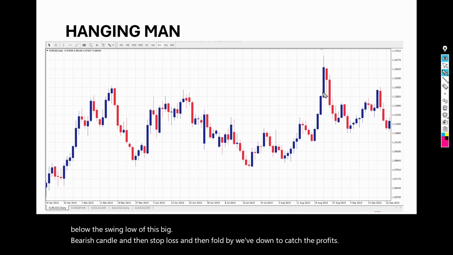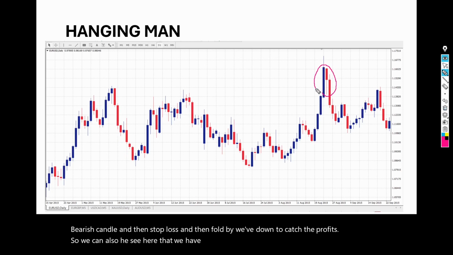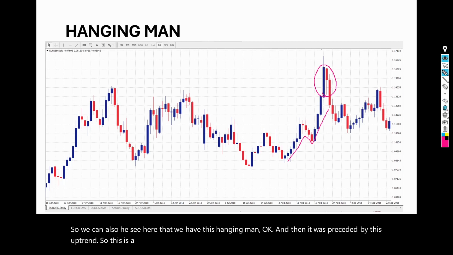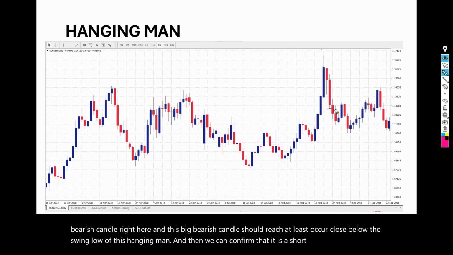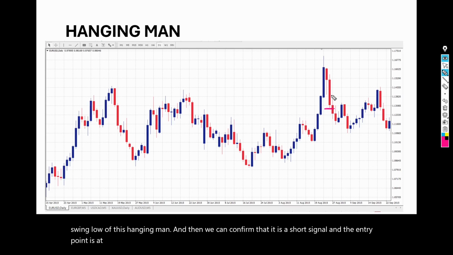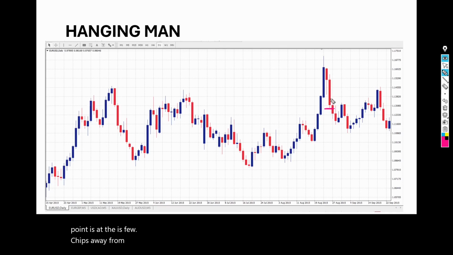We can also see here that we have this hanging man, and it was preceded by this uptrend, so this is a confirmed hanging man. What we are waiting for is this big bearish candle right here, which should reach at least or close below the swing low of this hanging man, and then we can confirm that it is a short signal. The entry point is a few pips away from the close of this big bearish candle, and then we wait for the wave down, with the stop loss.